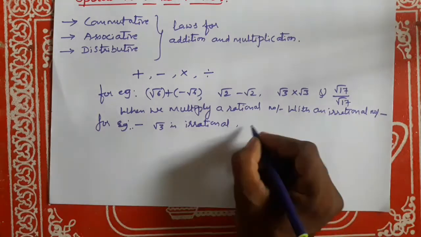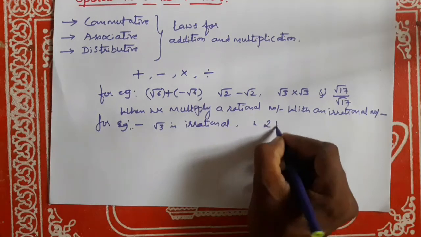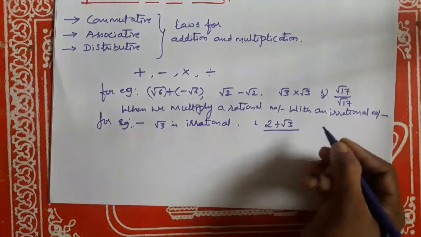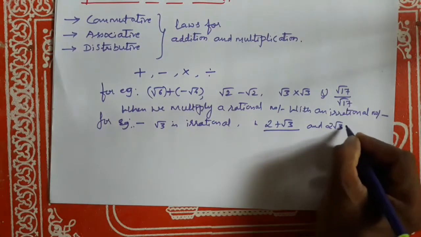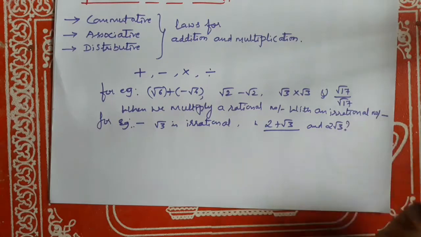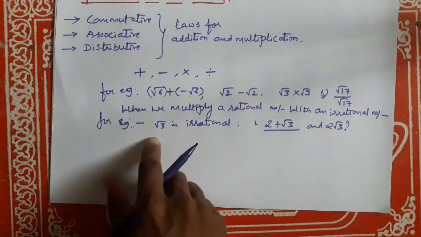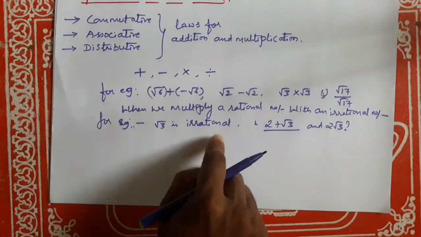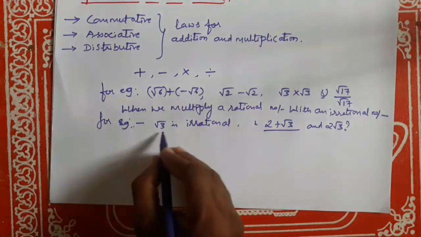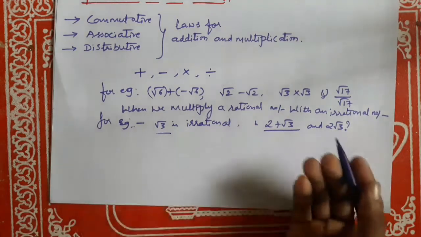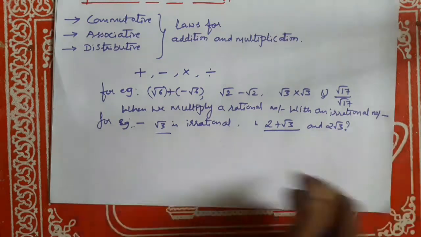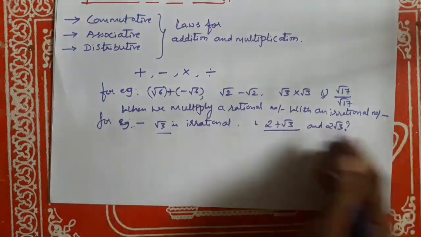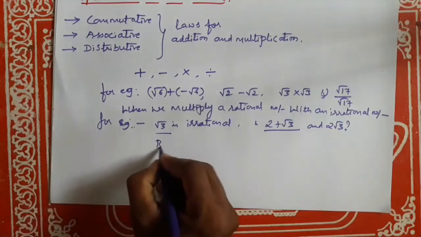Then what about 2 plus root 3 and 2 root 3? Since root 3 has a non-terminating, non-recurring decimal expansion, the same is true for 2 plus root 3 and 2 root 3. Therefore, both are also irrational numbers.